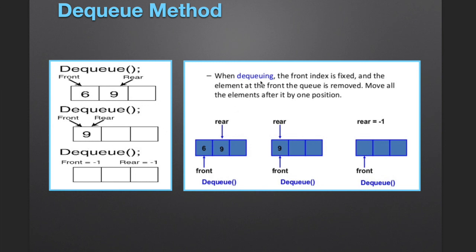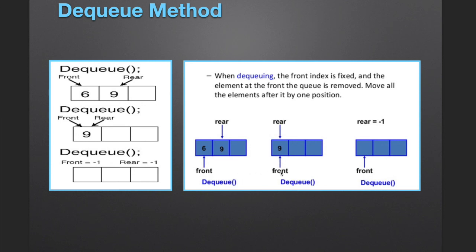So when dequeuing, the front index is fixed and the element at the front of the queue is removed. So the front element is removed, and you move all the elements after it by one position. So basically what happens, you have front and you have a rear. You dequeue and it removes front.